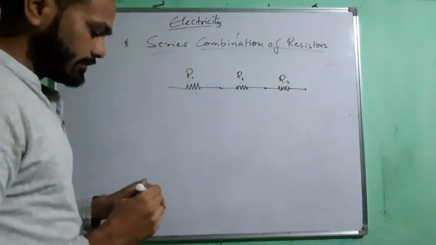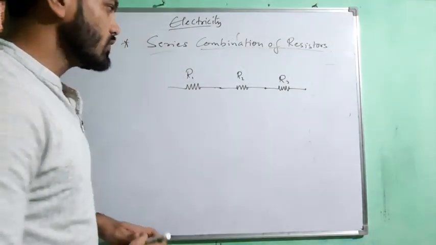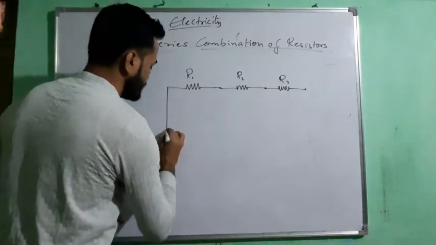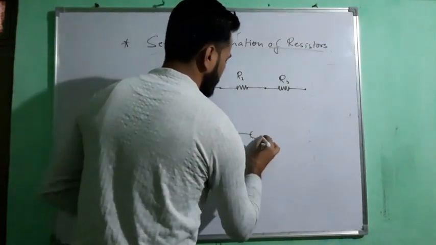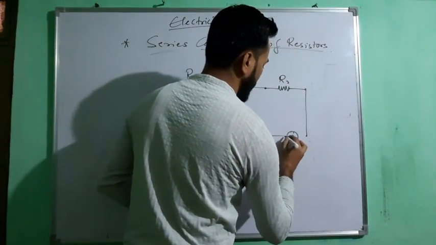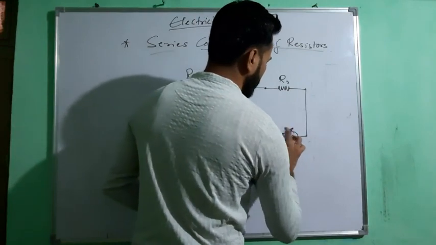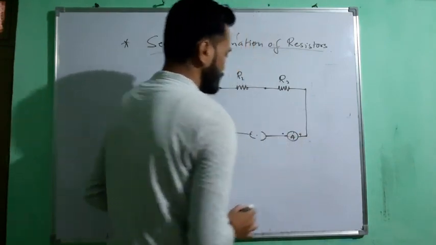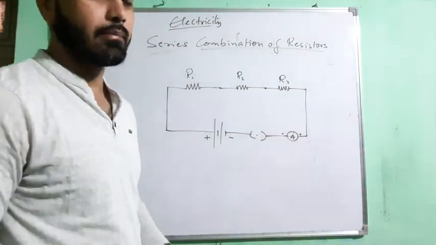See here, children, remember when a number of resistors are in series. Now I will connect them to a circuit. I will take a battery, and I will also take an ammeter. An ammeter is an instrument used in the circuit to measure current.